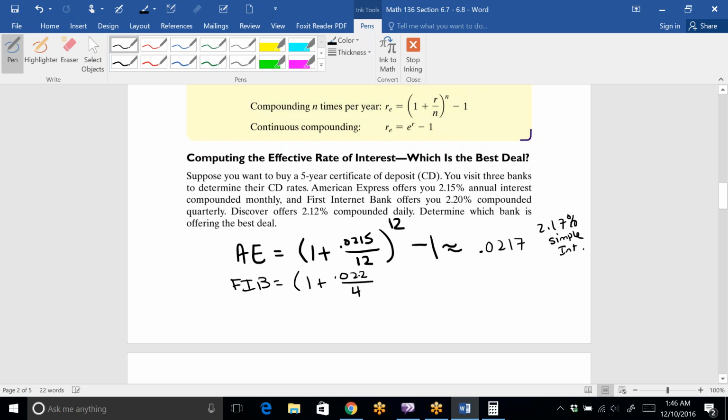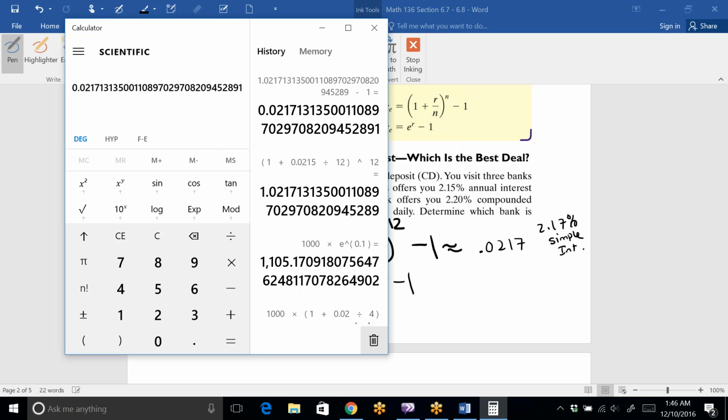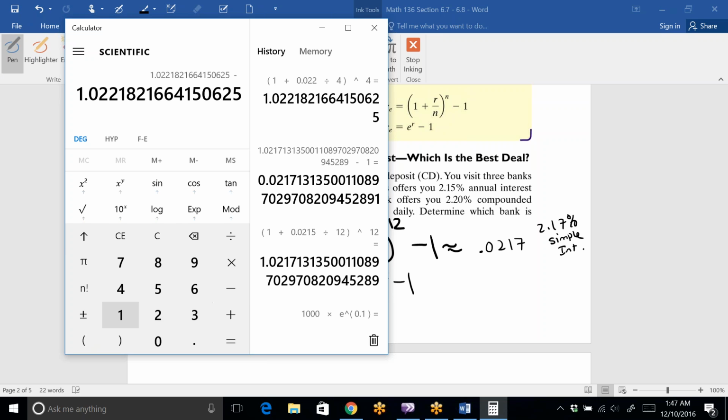So notice they raised the interest rate, but they lowered the number of times that they're compounding. So that is going to affect how this compares to the other one, because both of those things are part of what makes the money grow. So this is 1 plus 0.022 divided by 4 raised to the 4th power, and then minus 1.